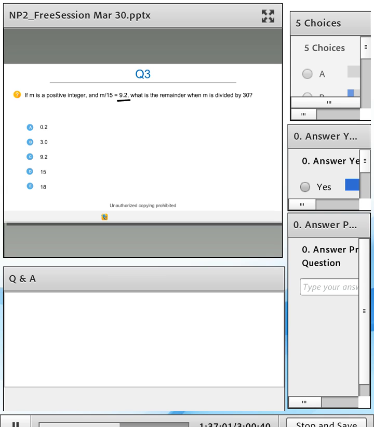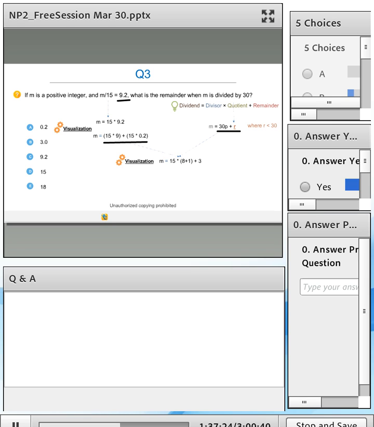The correct answer here is choice E, which about 67% of the class selected. So let's go through this question. It requires a bit more processing, but it's all along the same lines. We need to bring these terms in the form of a multiple of 30 and a standalone term.